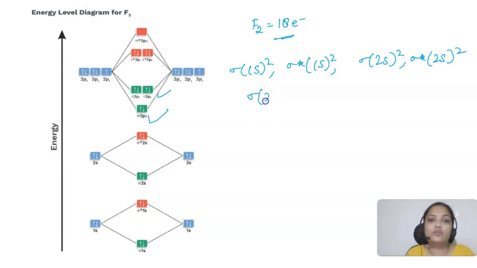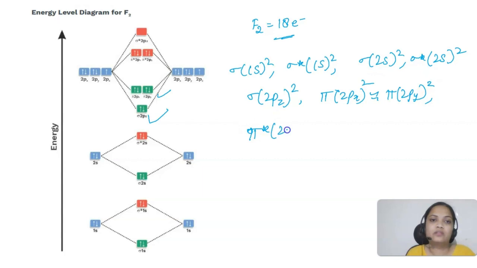Again it's fluorine, so sigma 2pz2 first, then pi 2px and pi 2py, both will have 2 electrons, then pi star 2px2 and pi star 2py2. Okay, so the bond order here will come to 1. Try to calculate it. Okay.